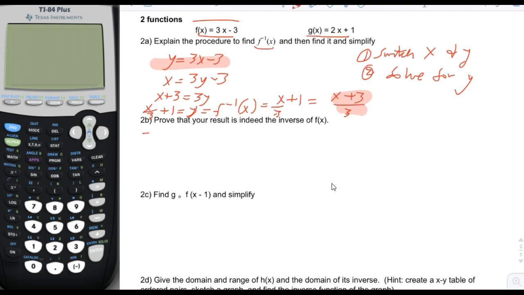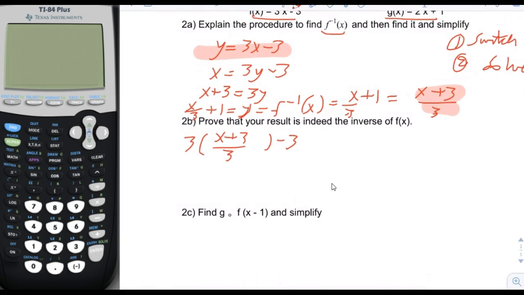So we're going to do that in both directions. We're going to have 3x minus 3, and then we're going to put in x plus 3 divided by 3 inside. On the outside we have the regular function, on the inside we have the inverse function, right? So that would be this case here.